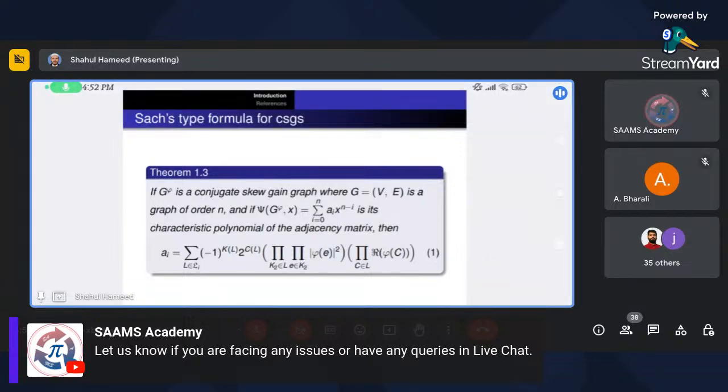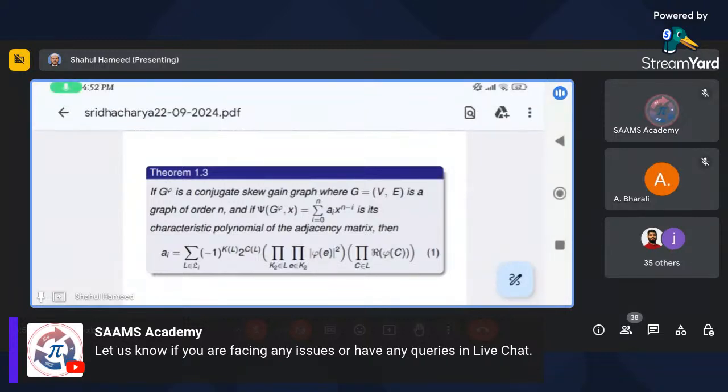So when you have the script letter L_i, consisting of only cycles and K2 edges, you can have the i-th coefficient, which comes along with x to the power of n minus i. So this will be the way to compute the i-th coefficient of the characteristic polynomial.